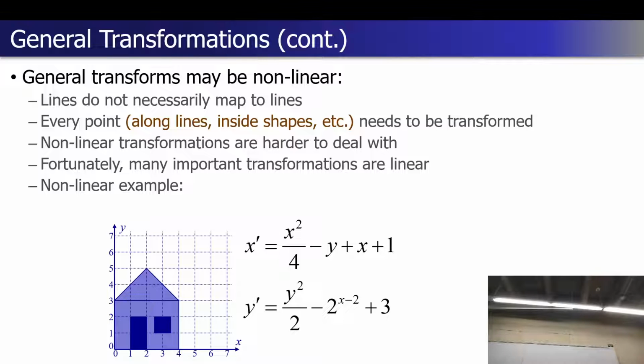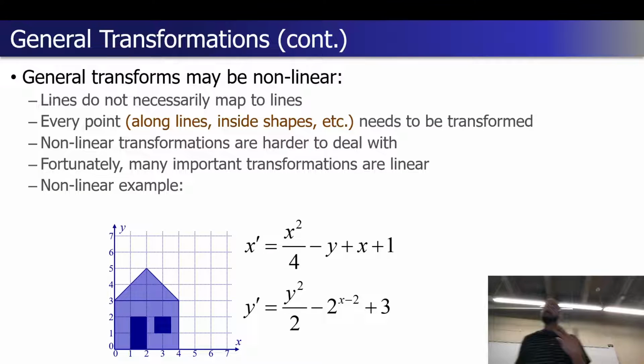If we were to do a nonlinear transformation, it wouldn't be as straightforward as just transforming the vertices themselves. The nice thing about these affine or linear transformations we are going to do is we can actually just transform the endpoints or the vertices of our triangle, because our lines are going to be preserved. And kind of what the term linear means here is that lines still become lines. We only need to transform those individual vertices, and the end result is as if the entire primitive itself has been transformed in that way.